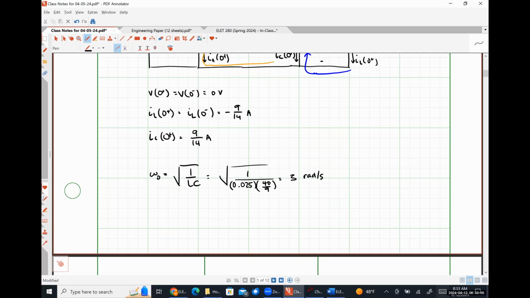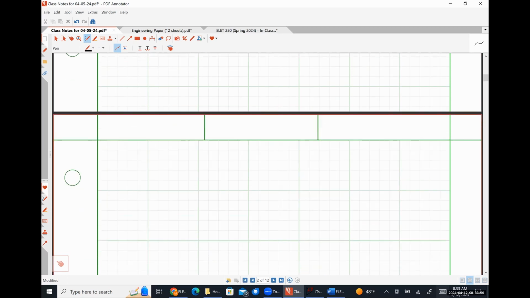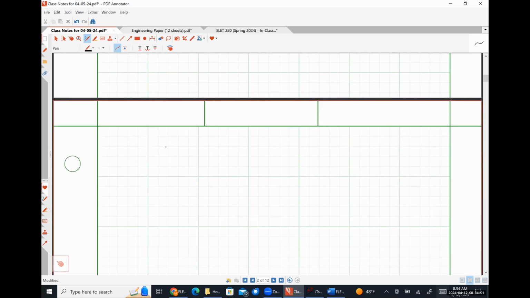Okay. Our resistance will be a little bit more difficult. So let's draw our circuit during the transient condition. So that means my 9-volt source is open circuited. Here's my 2 ohm resistor. Here's my 3IA voltage source.